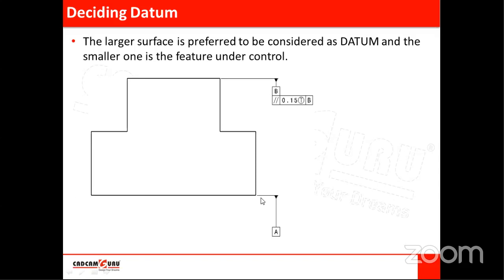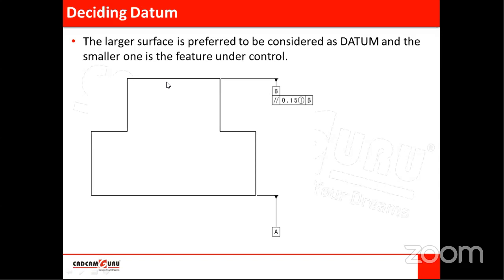Whatever operation, such as a milling operation, will be performed on this surface, we have to hold the component with the datum surface down. While machining, you cannot hold it in the vertical direction and face this surface. You have to put this surface on a surface plate or a fixture plate, and then go for the machining or milling operation of this surface.